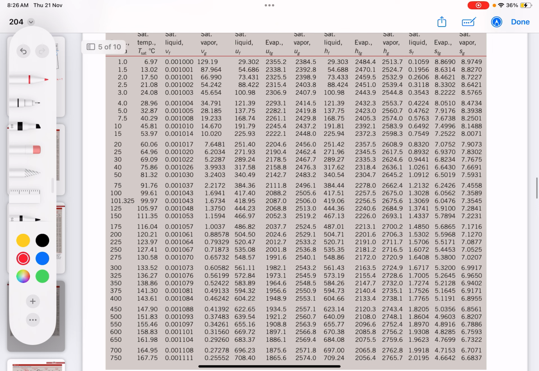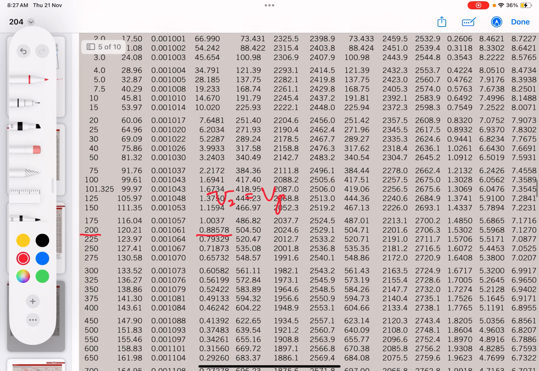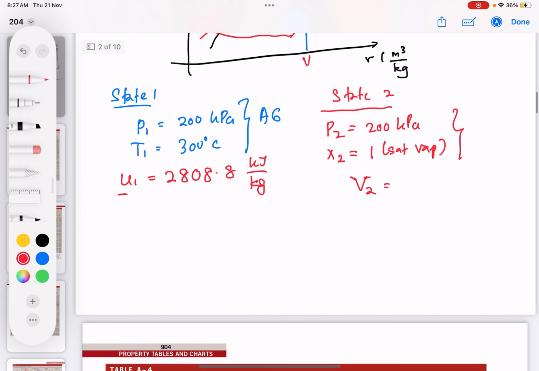My pressure was equal to 200, and V2, my specific volume, is equal to Vg, because it was saturated vapor, which equals 0.8858. Let's make my calculation simpler. So now I have V2 equal to 0.8858 meter cubed per kg.